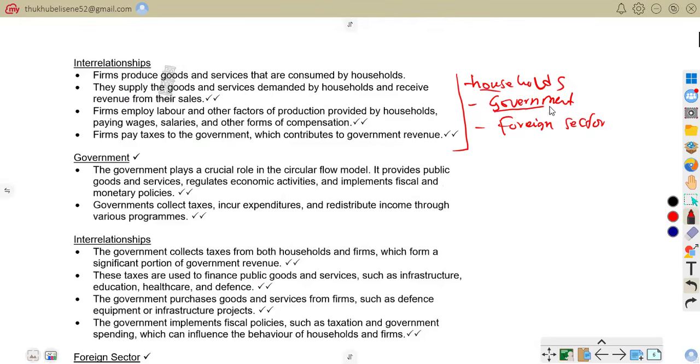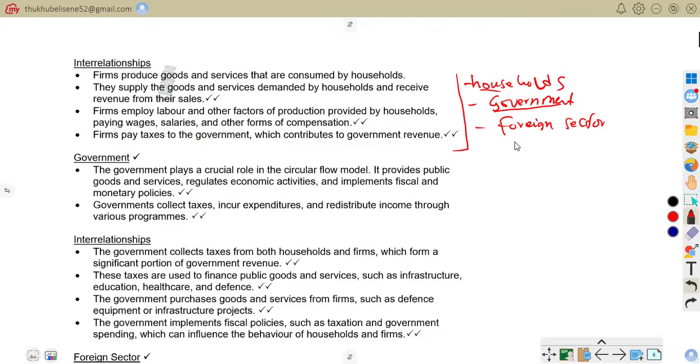But let us come to government now. With government, firms pay tax to government and receive subsidies from the government. Government can subsidize the firms.